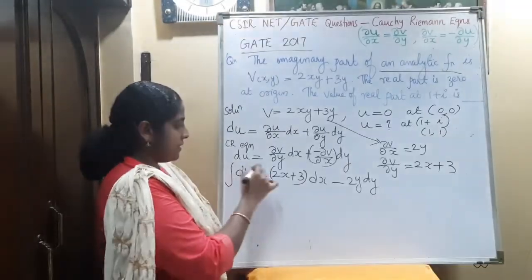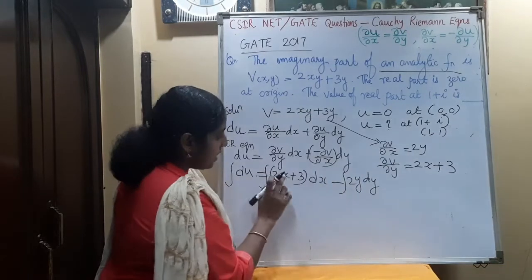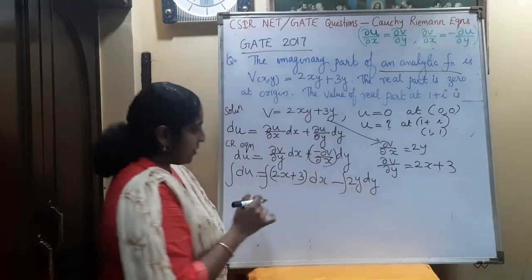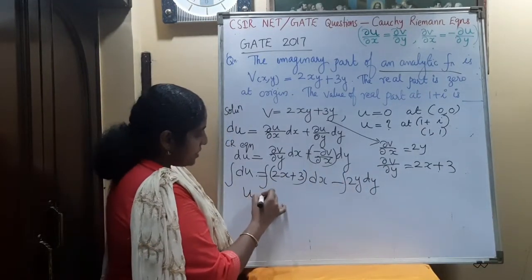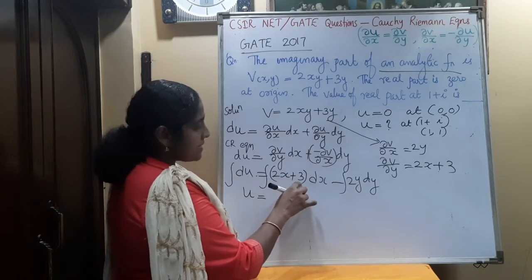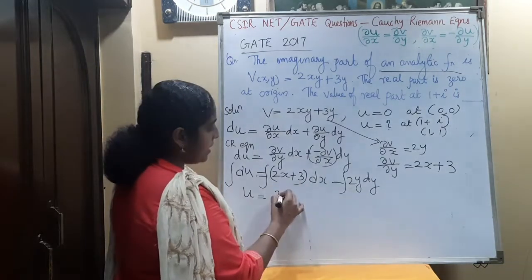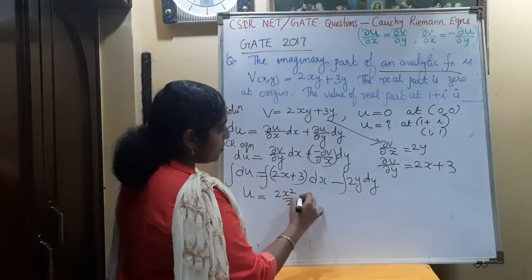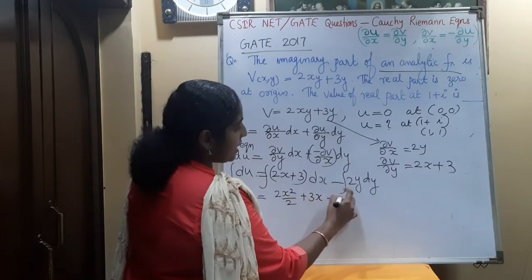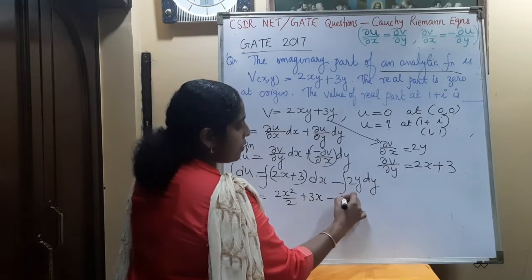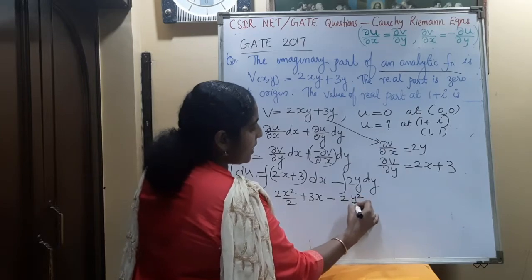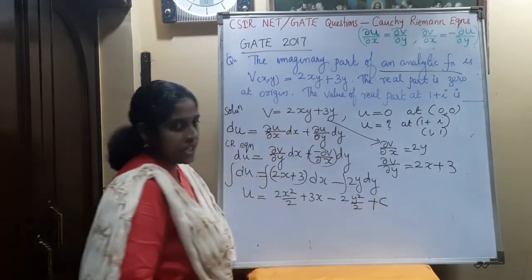Next step, we have to integrate this. Integral du is u. Integrating 2x plus 3 with respect to x gives 2x square by 2 plus 3x, and minus the integral of 2y with respect to y gives y square, plus a constant of integration c.